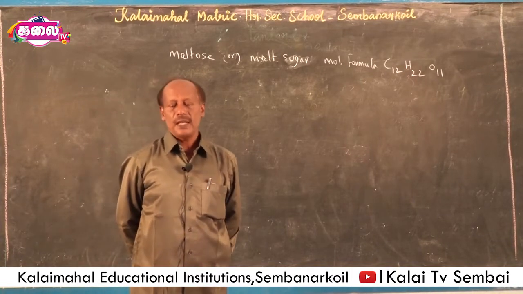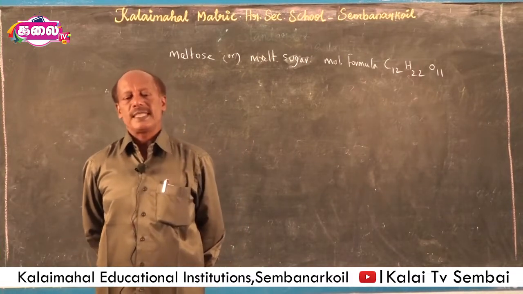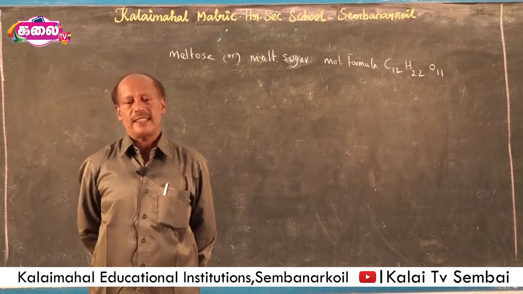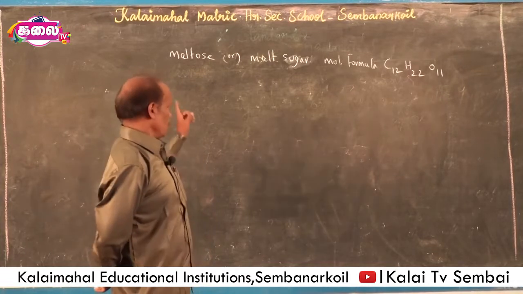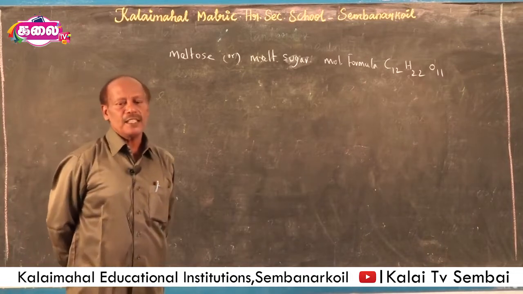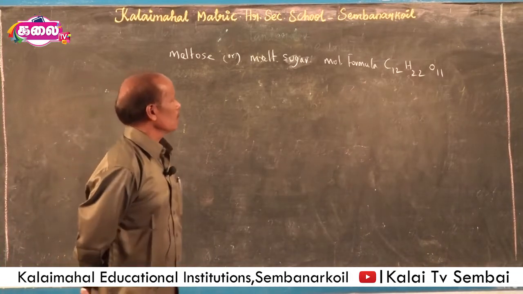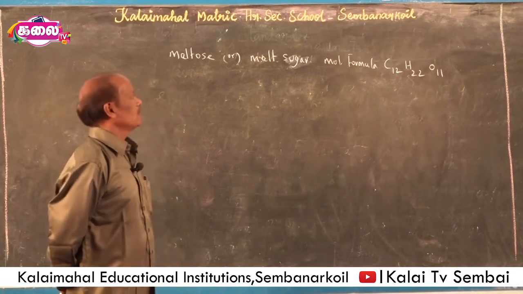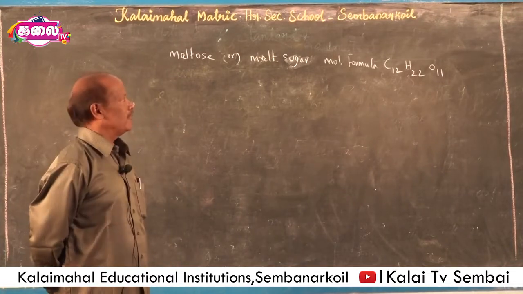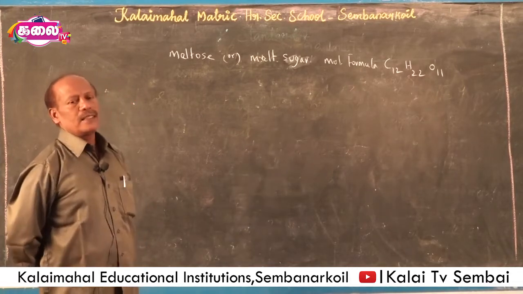Now, we have to go through the second example of a disaccharide, namely maltose. Maltose, otherwise called malt sugar, has the molecular formula C12H22O11. So, the maltose molecule has 12 carbon atoms, 22 hydrogen atoms, and 11 oxygen atoms.